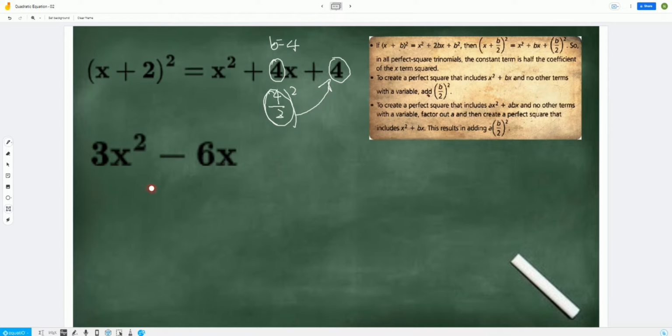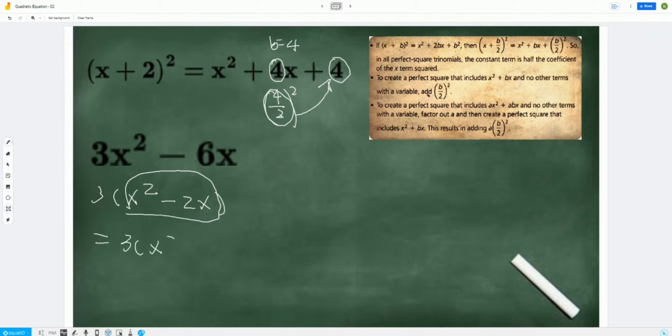So let's look at an example. This is 3x squared minus 2x, where a does not equal 1. We factor out 3, and then x squared minus 2x. This turns into x squared plus bx.